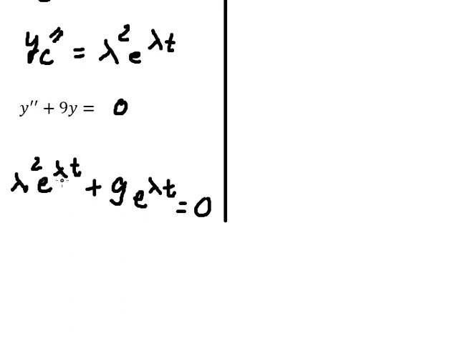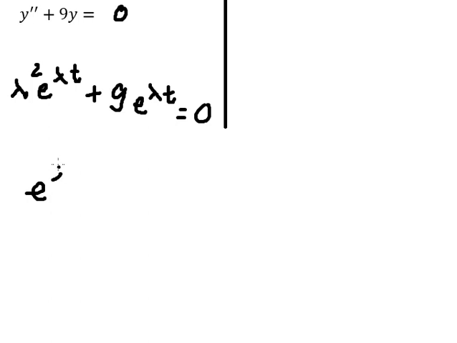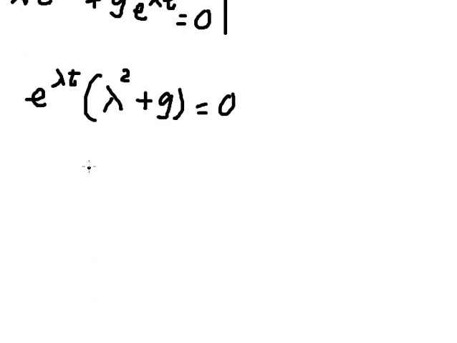So e to the power of lambda t, we can factorize. So we need to find the solutions of this one. So I will move number 9 over to here.